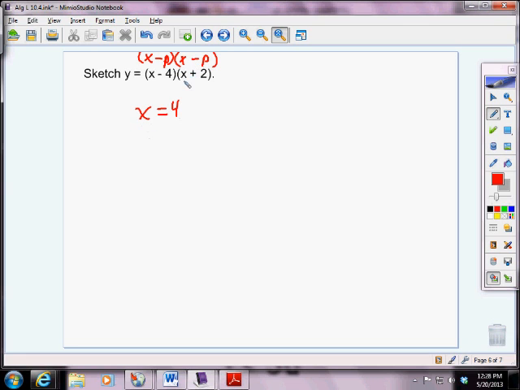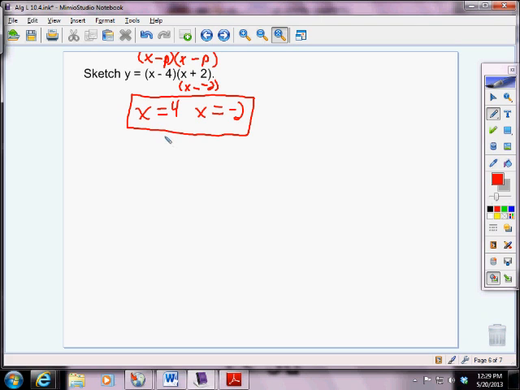And then right here, remember, we can write this as x minus a negative 2. So our other solution is x equals negative 2. So we know in factored form that it is going to hit the x-axis, since if we were to multiply this out, it'd be a quadratic, at 4 and negative 2.